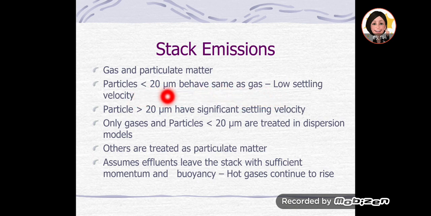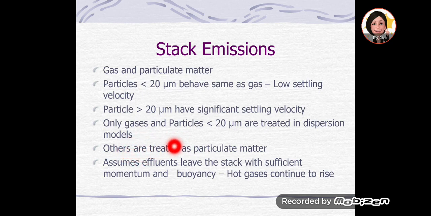They will continue to be taken away by the gas from the stack as well as the air in the environment. Particles bigger than 20 micrometer have significant settling velocity. Therefore, only gases and particles smaller than 20 micrometer are treated in dispersion models. Others are treated as particulate matter.